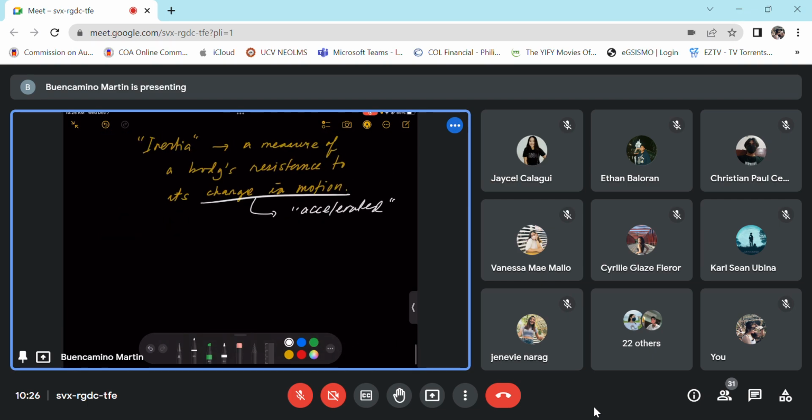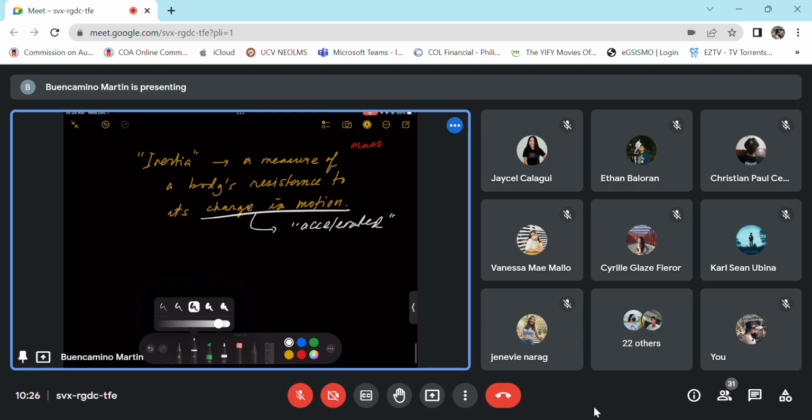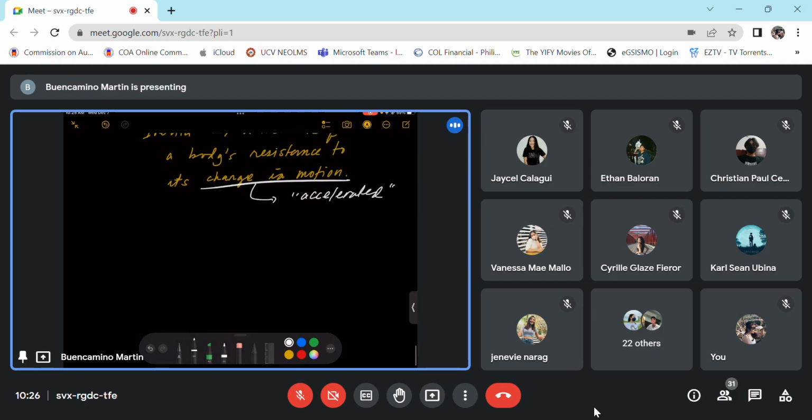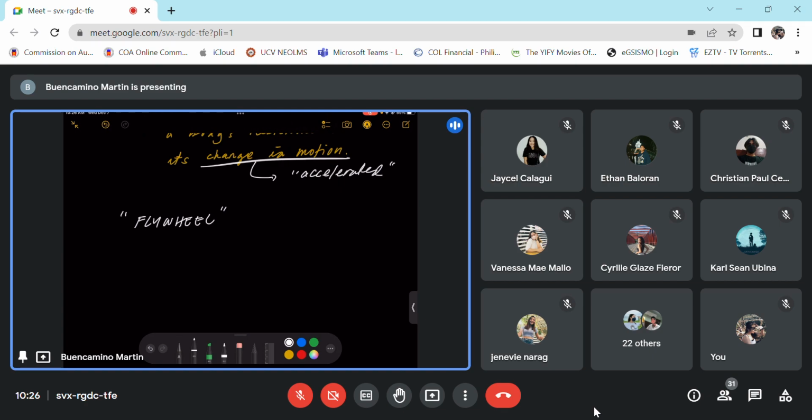Now, applied to machinery, meron tayong tinatawag na flywheel. Ano ba itong flywheel na ito? I'd like to discuss this explicitly because kailangan nyo ito sa course nyo. Ang tinutukoy ko dito is some implications on the design of machineries.